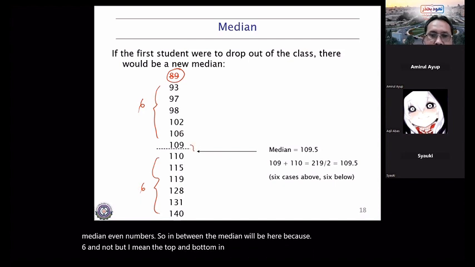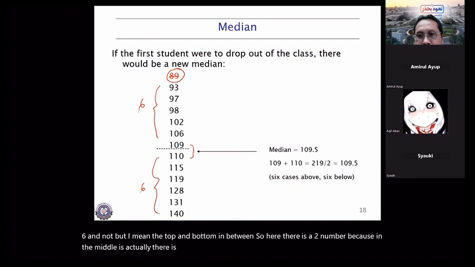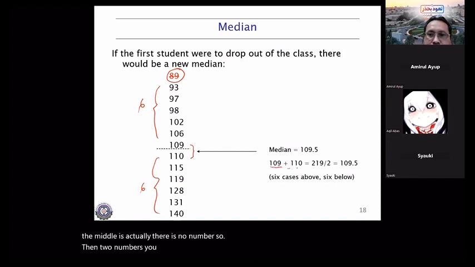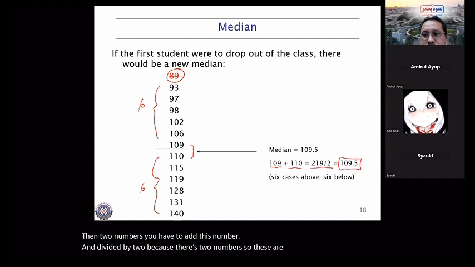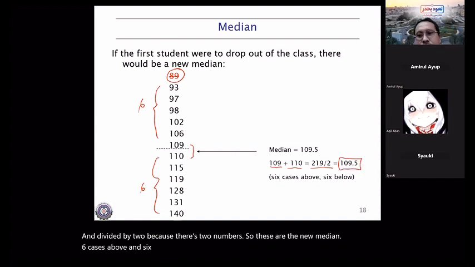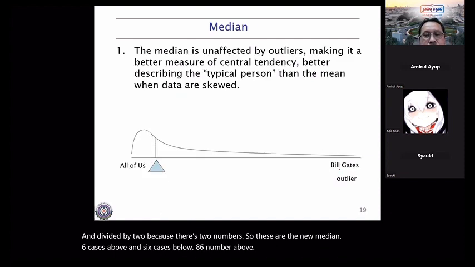So here there are 2 numbers, because in the middle exactly there is no number. So you have to add these two numbers and divide by 2, because there are 2 numbers. So this is the new median. So 6 cases above and 6 cases below, right? 6 numbers above, 6 numbers below.